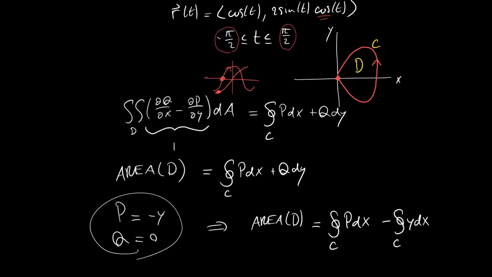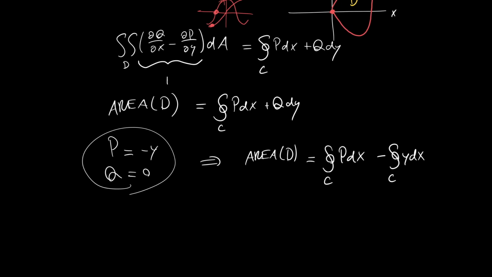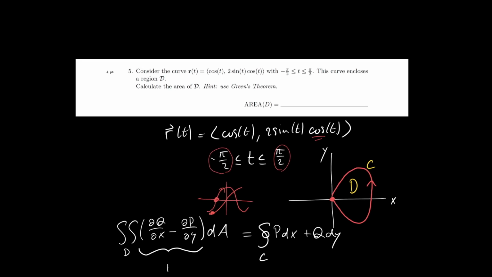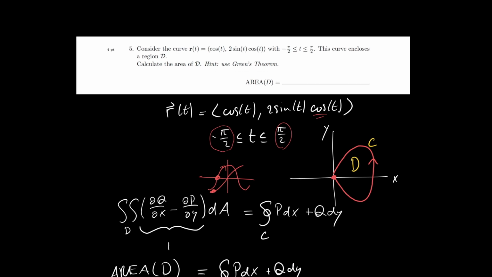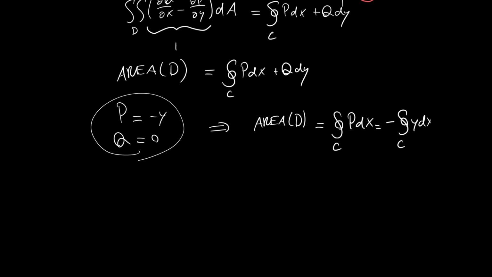All right. So we want to calculate that integral. Let me put the equal sign there. Just realize that we're taking the integral over the path defined by this vector function. So we see that the x component is cosine t and the y component is 2 times sine t times cosine t. Let's use that here in our integration.